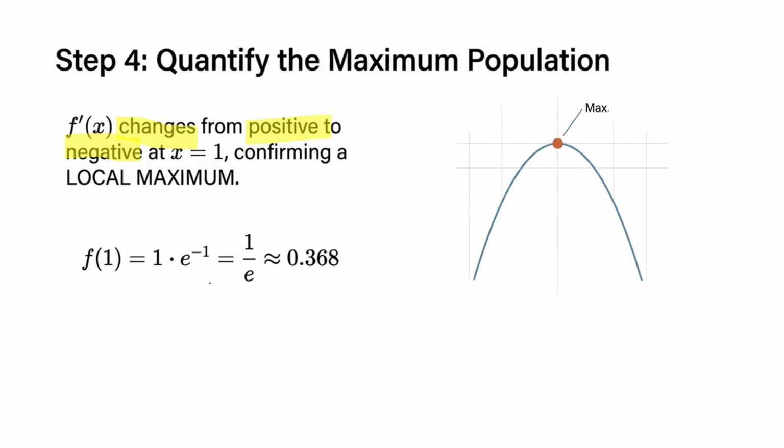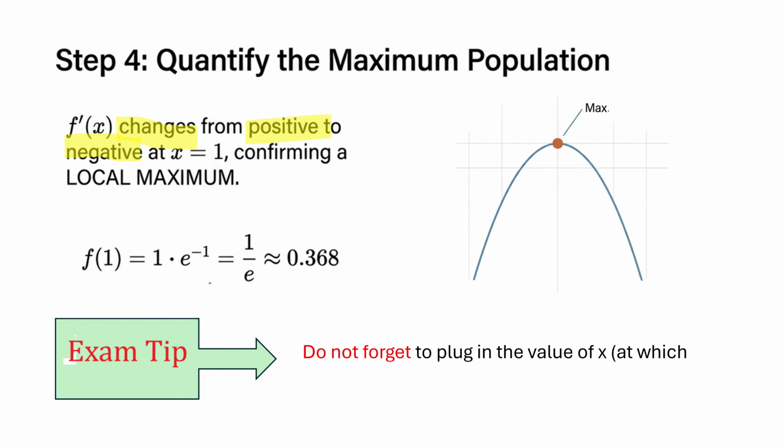Remember, our model measures in thousands, so our peak population is 368 birds. Here's another exam tip. After finding the turning point, stationary point, and the nature of turning points, meaning maxima or minima, substitute it into the original function to calculate the maximum.